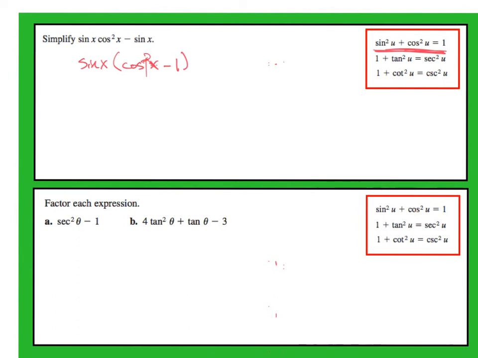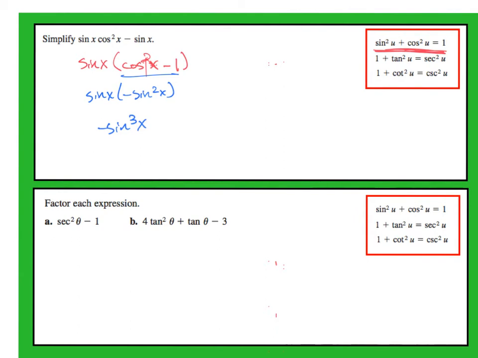Negative sine squared. So this is replaced by negative sine squared x. All right. And now I have sine x times negative sine squared x, which is negative sine cubed x. All right. And now we are done. All right. So we're going to be using those identities.